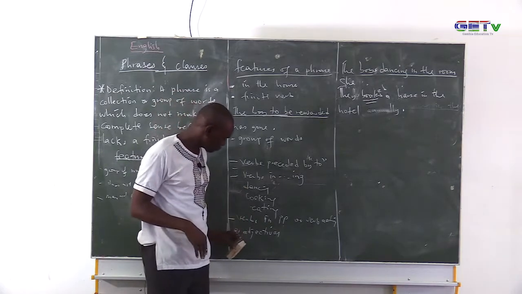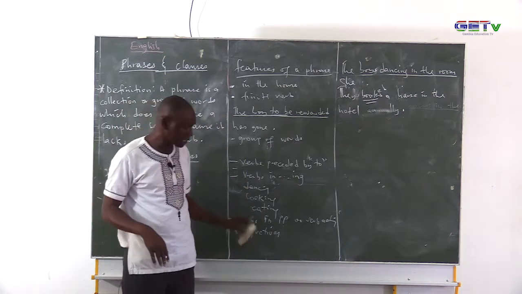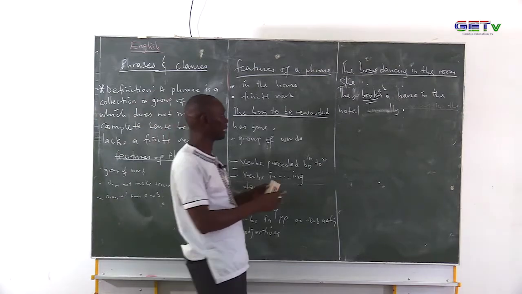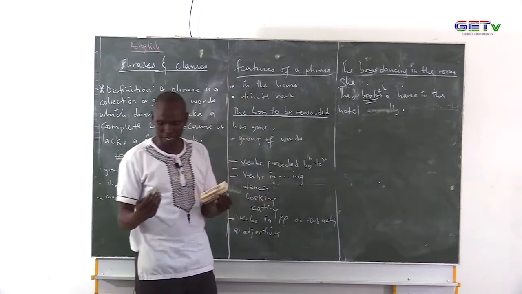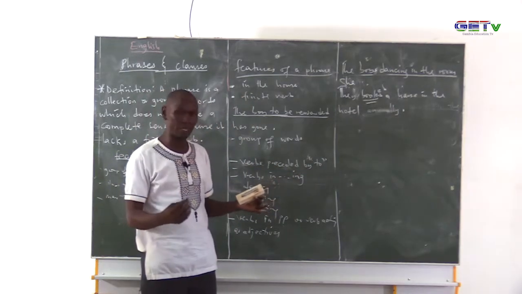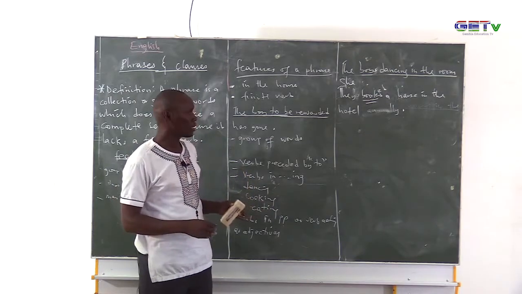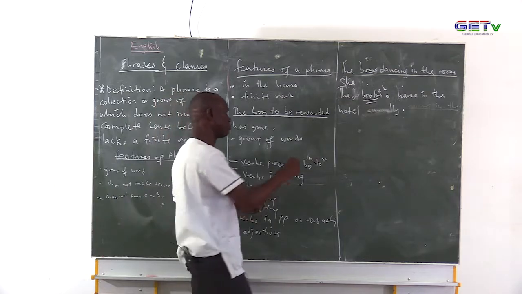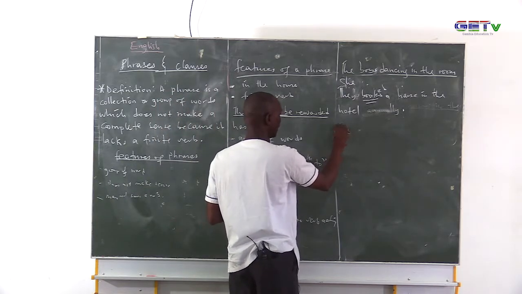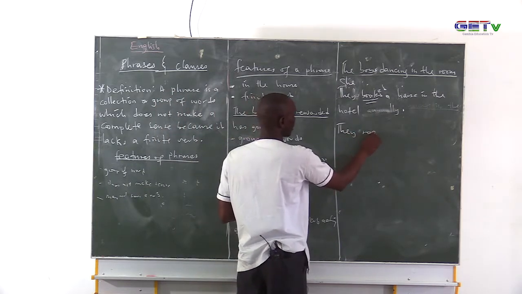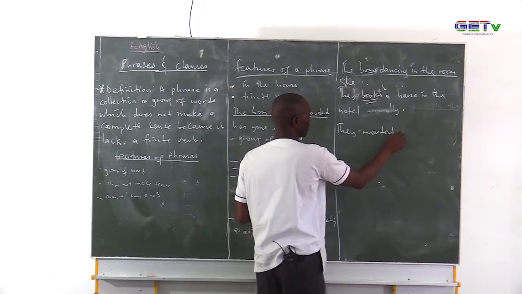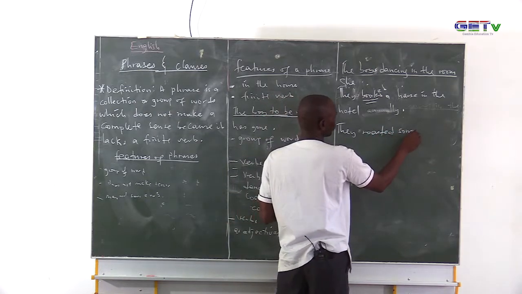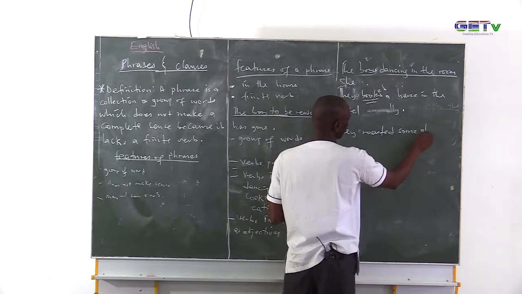So now, verbs also will act as adjectives. As I said earlier, you will see a verb like roast. Roast, we know is a verb. But then, assuming I give you this example, if I say, they roasted some groundnuts.